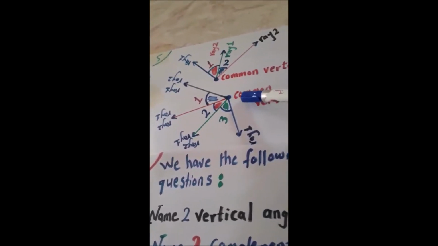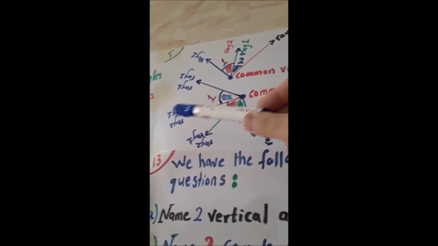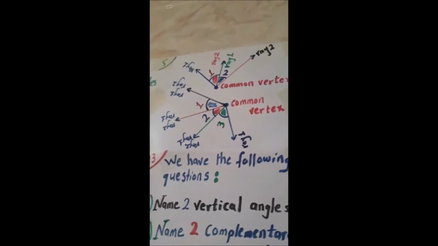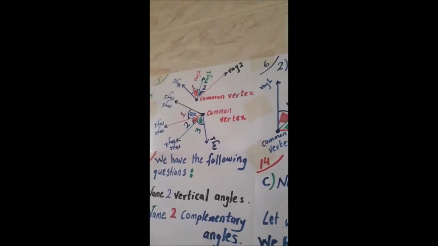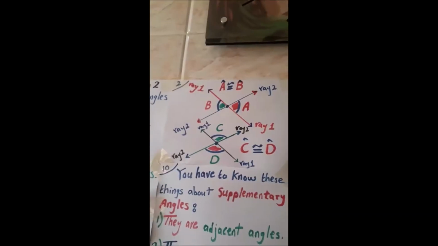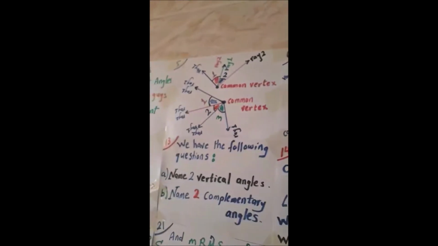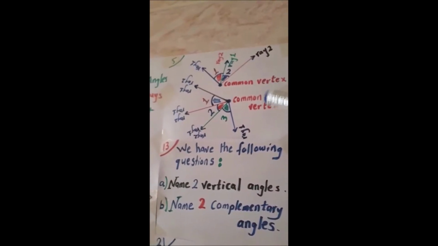Angle 1 is between ray 1 and ray 2, and the same for angle 2 and the same for angle 3. So this is the example of adjacent angles. So guys, after we talked about the vertical angles and the adjacent angles, and we said that these are the adjacent angles, but these are the vertical angles, let me go to number 2.